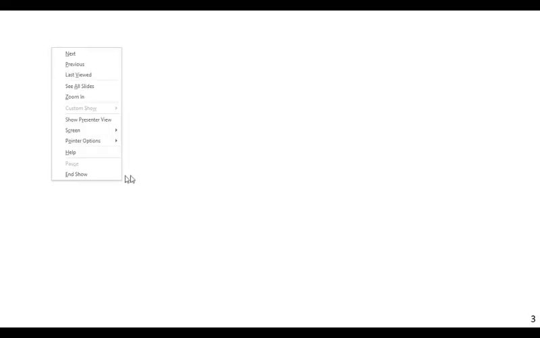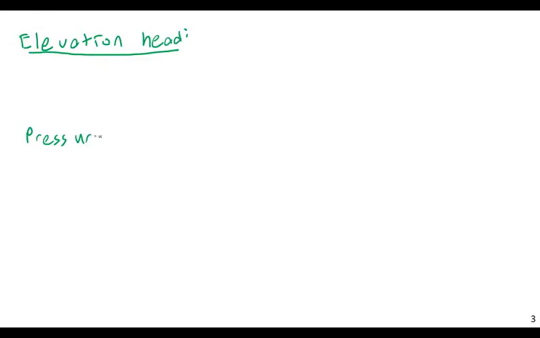Now, again, I'll go into this in a little more detail here. Let me define each of these or discuss them a little bit: elevation head, pressure head, and velocity head.